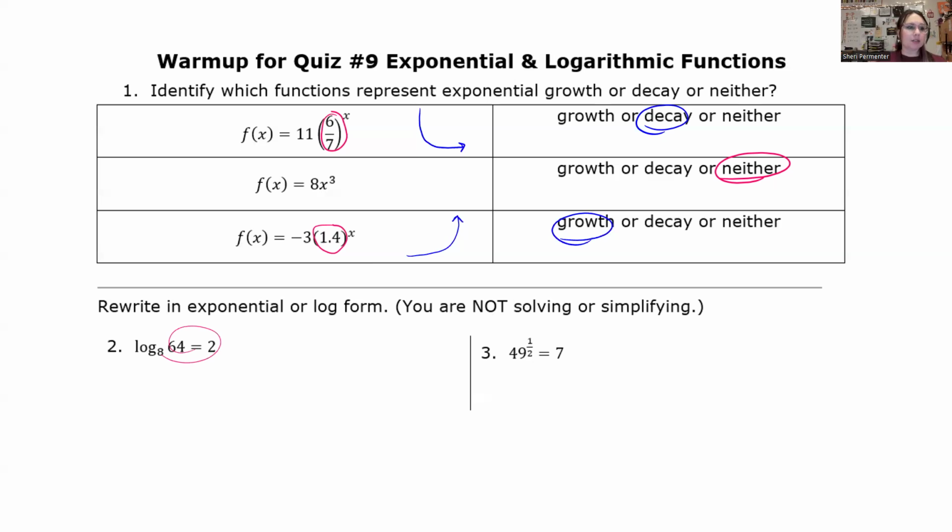So that turns into 8 to the second power equals 64. And whatever this is has to be a true statement. Don't pick an answer that's not correct. 8 squared is 64. That's true. It's good. That's my answer.